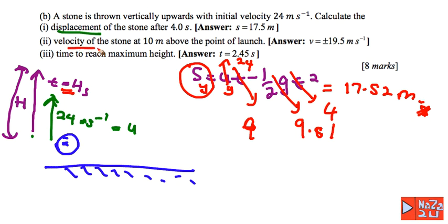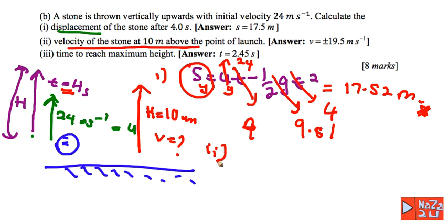And number 2, the velocity at 10 meters above the launch point. Let's say when the ball is moving upward, the height of the object is 10 meters, so what is the value of the velocity? To calculate the velocity here, you can use the equation v² = u² - 2gs.